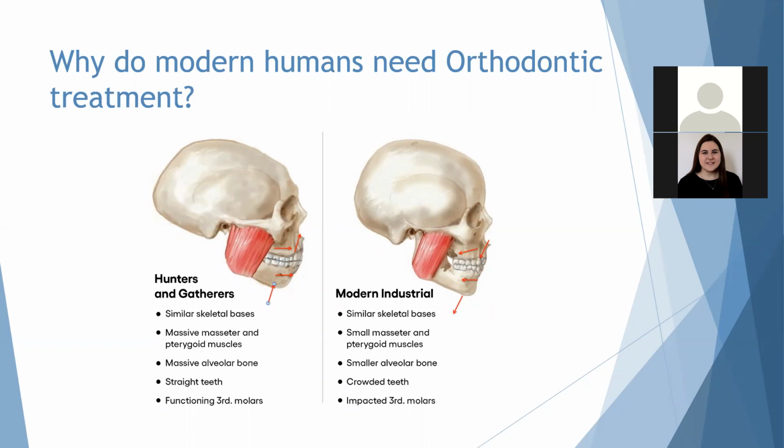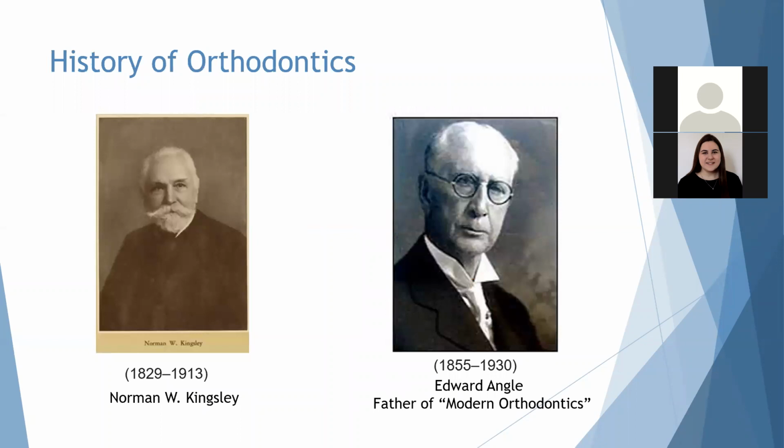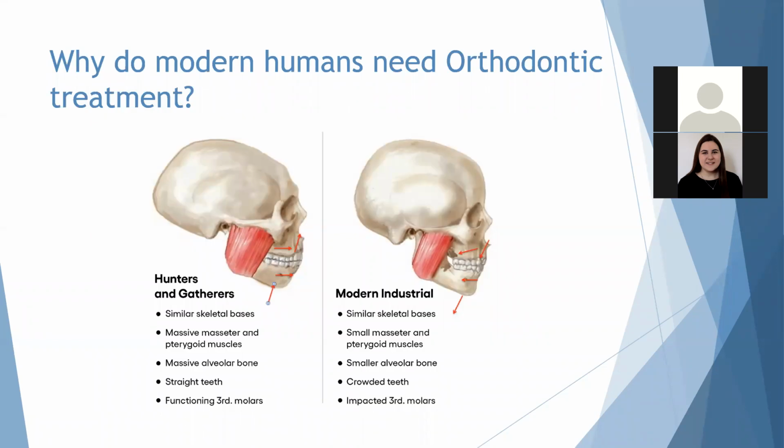And our wisdom teeth are not very useful most of the time, and a lot of times they're impacted, whereas hunter-gatherers had functioning third molars. Now, there are a lot of reasons that we believe why this issue has come about. Modern industrial societies have malocclusion, and nowadays there's an estimation that 50 to 70% of US children will wear braces before adulthood.